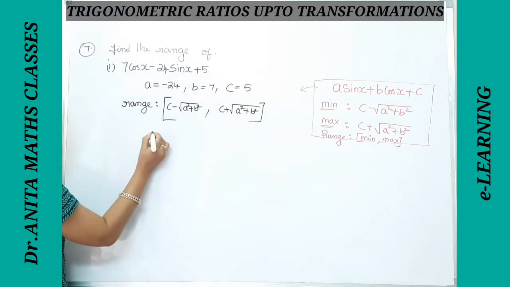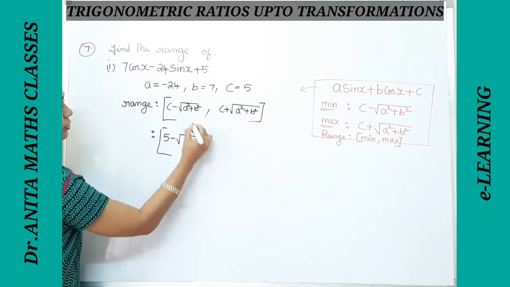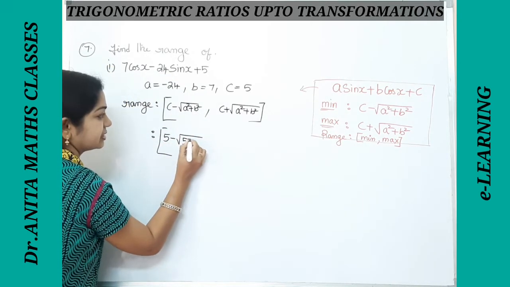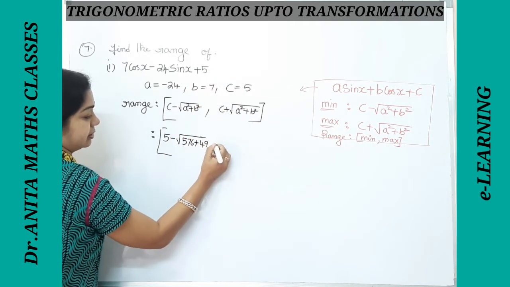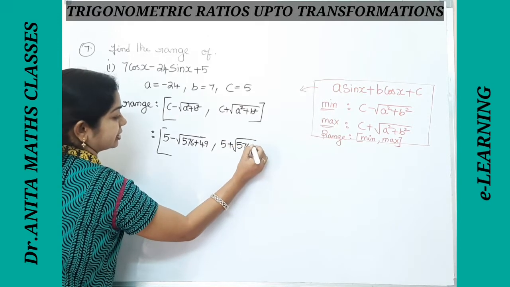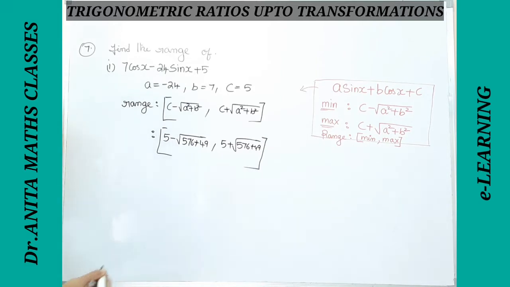So we will apply directly here. 5 minus under root of a square, minus 24 whole square is 576, plus b square, 7 square is 49. Similar way, 5 plus under root of 576 plus 49, that is nothing but 625. 625 square root is 25.